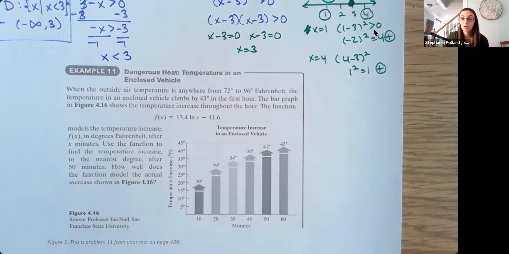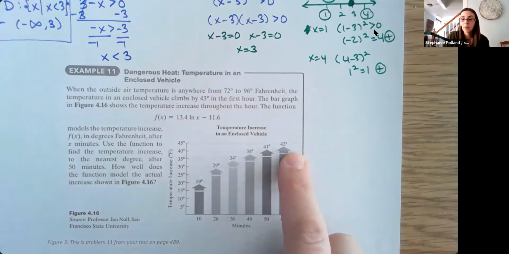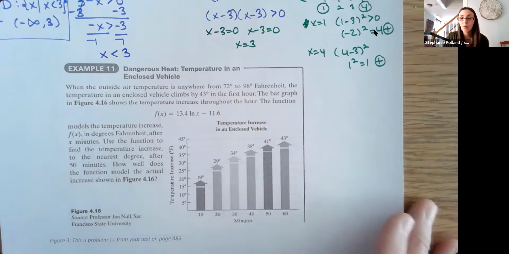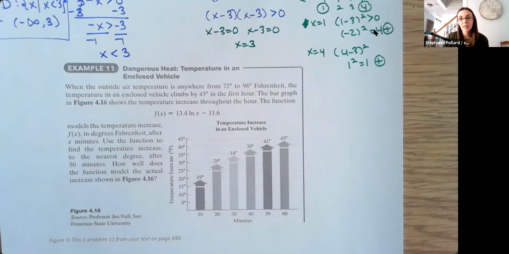So if it's 80 degrees out, at the end of the hour, the inside of that car is over 120 degrees. This is why you always see on the news warnings and reminders that we don't leave animals or children in our cars while we run into the store, because even within 10 minutes, that temperature can get very, very high.